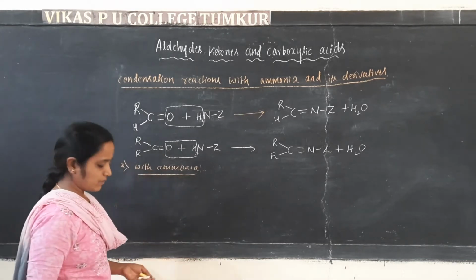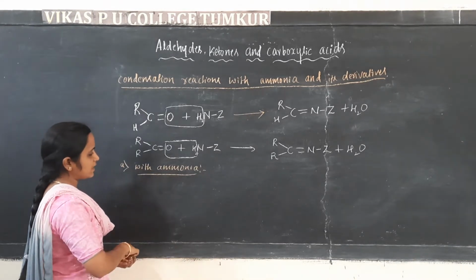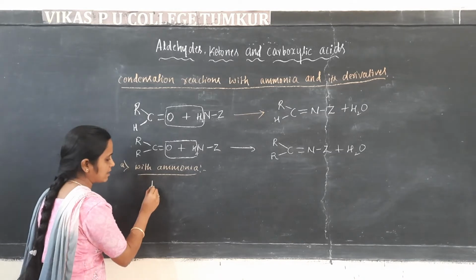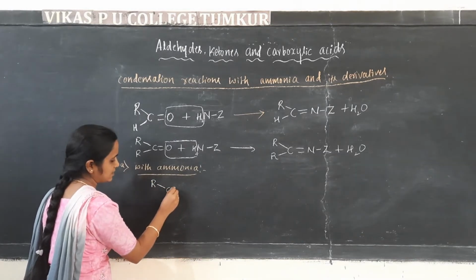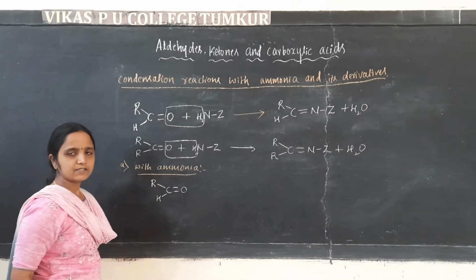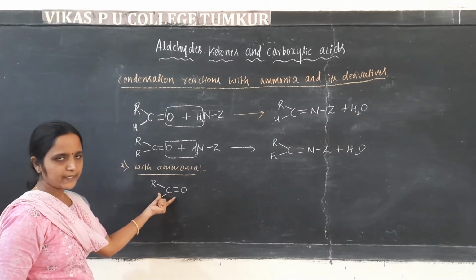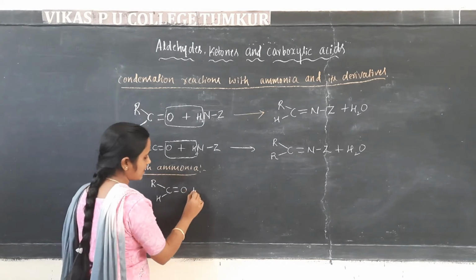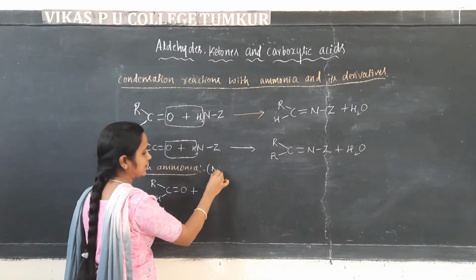With ammonia, the aldehyde is generally written as RCHO, the general representation of the aldehydes. It reacts with ammonia. Ammonia means NH3.